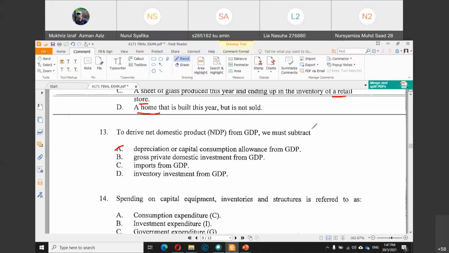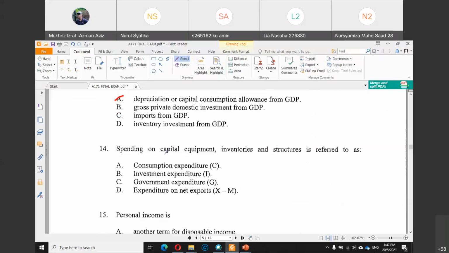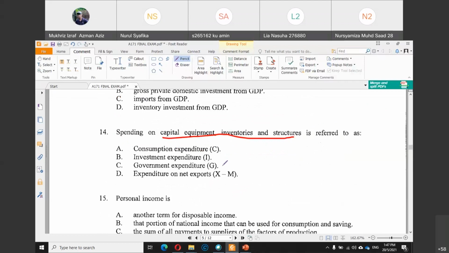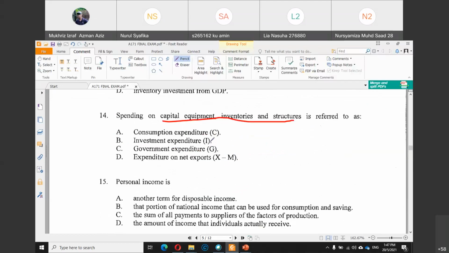I mentioned this again earlier. So is A correct? Spending on capital equipment, inventories, and structures is referred to as what? C, I, G or X minus M. I think this is very straightforward. Definitely it should be under investment, because capital equipment, the word capital, refers to investment. Consumption is goods and services on the consumer side. Government expenditure. If you're not sure, go back to the slides and see the detailed breakdown of each component here.